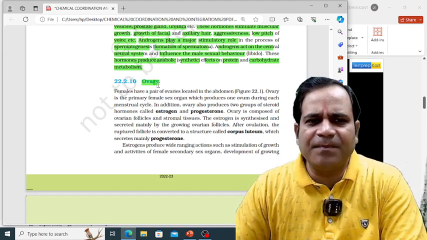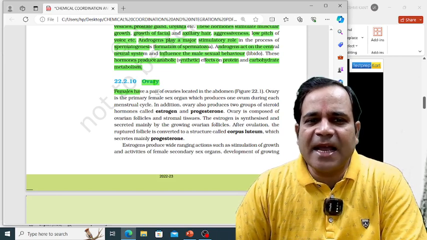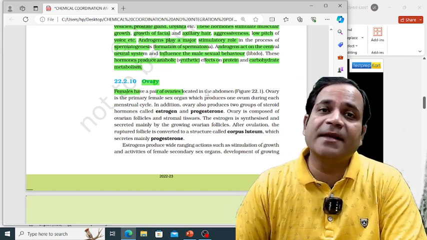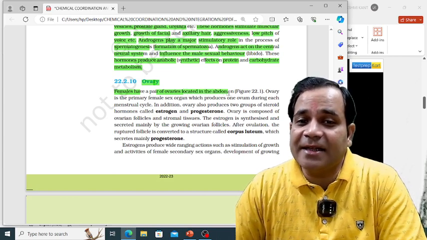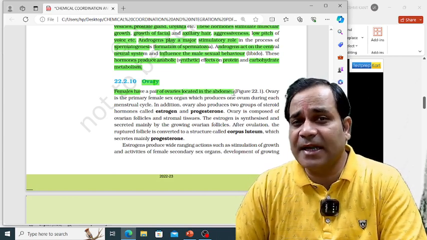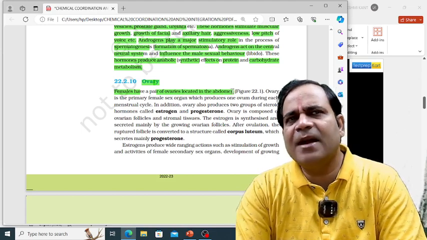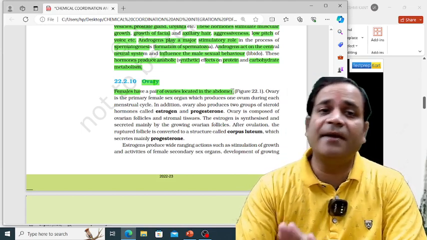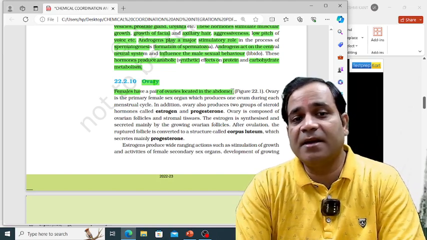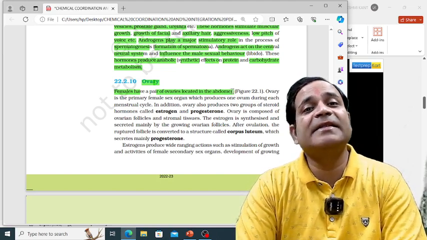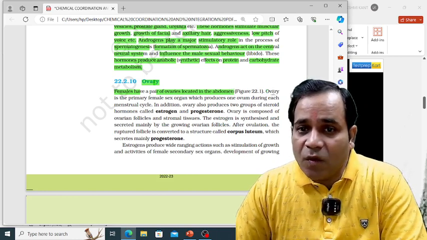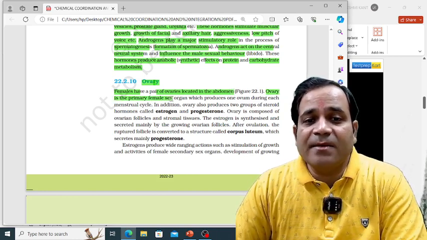Females have a pair of ovaries, located inside the abdominal cavity, unlike the testis, which is outside the abdominal cavity. So the ovary is the primary female sex organ.